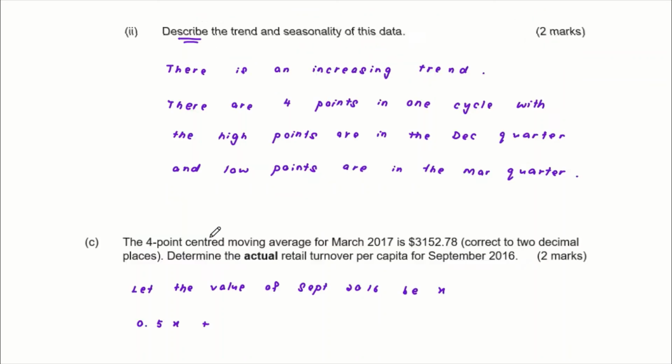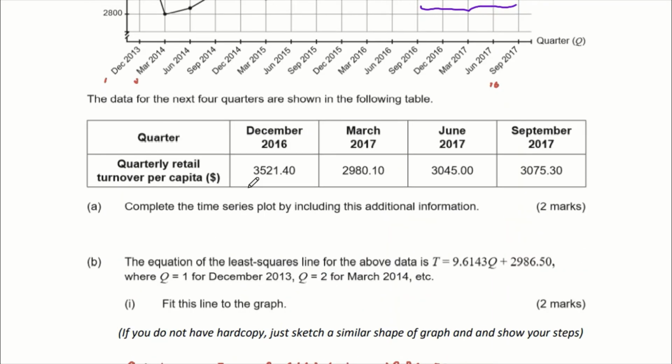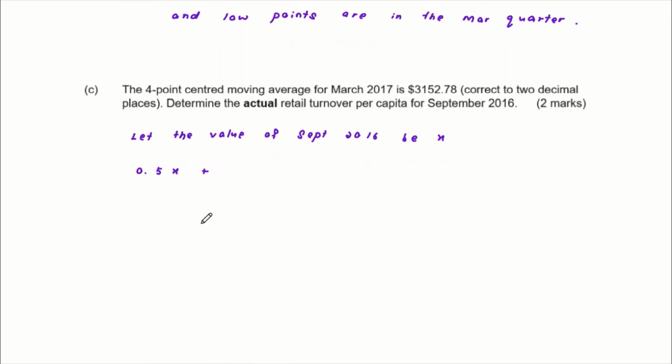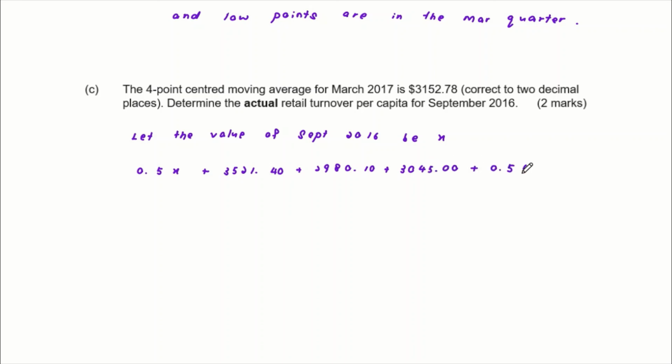Alright, and then plus the next values that we have, these 3 values, and then half the last value. Alright, so that's the shortcut formula that we have. So 3521.40 plus 2980.10 plus 3045.00 plus half. Sorry, I don't think I have enough space.